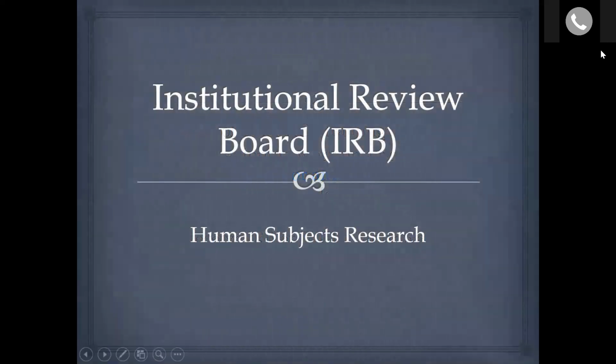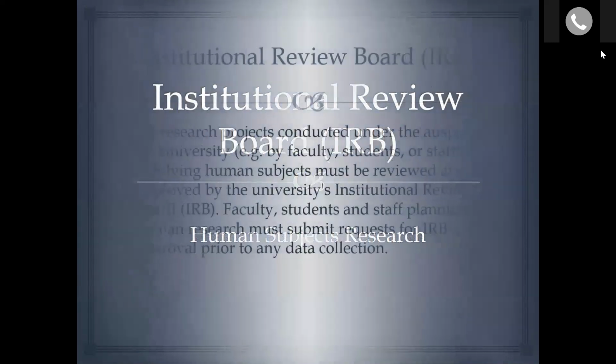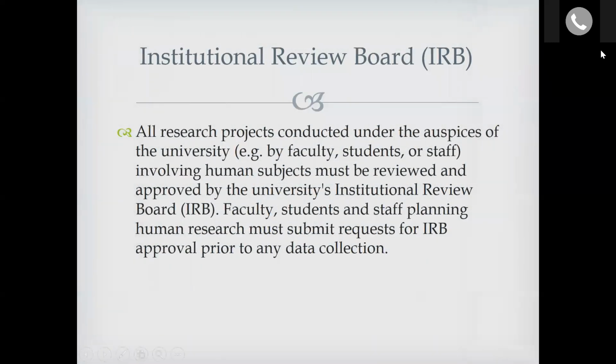So let's start with some more detailed information about IRB. All research projects that are conducted at the university by anyone on campus, faculty, students, staff, that involve human subjects must go through an approval process here at UNC. So if you're planning to do human subjects research, obviously talking to your faculty would be the first good step.